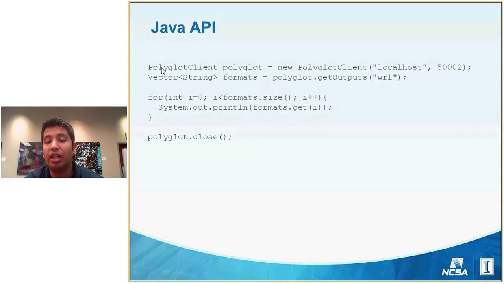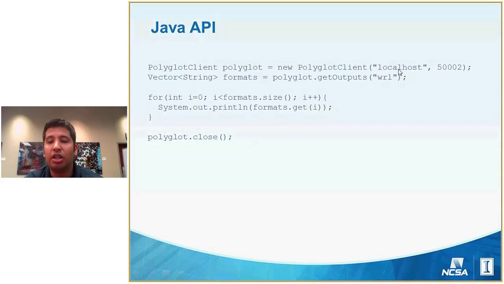The other implementation of the Polyglot abstract class is called the Polyglot client, and the difference there is that it's talking to a remote Polyglot server who has a Polyglot steward underneath it. So the difference is whether it's locally run or remotely run. So Polyglot client is actually pretty lightweight, because it's just talking to a remote Polyglot server, which has the Polyglot steward there doing all the work for it.